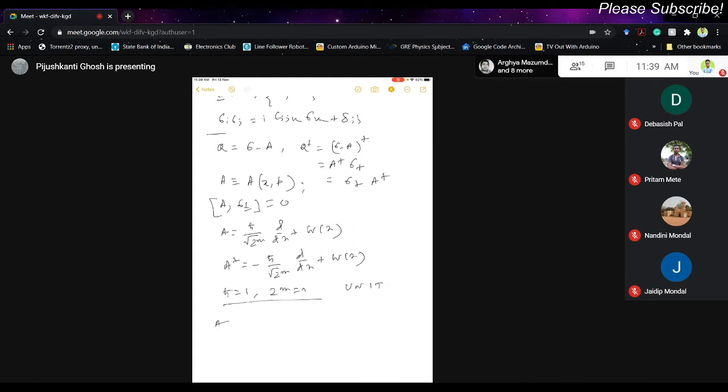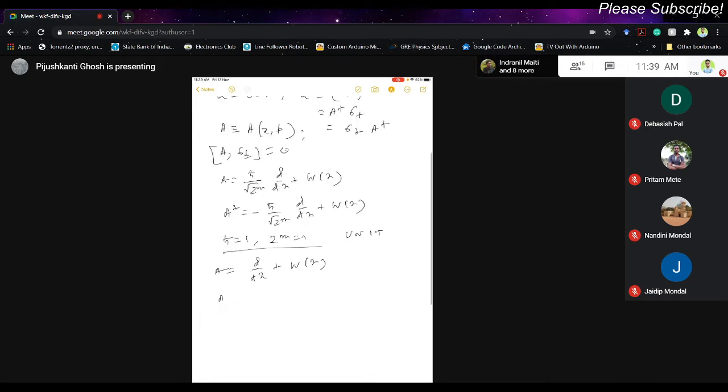If I need it, I can write the expression in terms of h bar also. With this notation, A becomes d/dx plus omega x, and A dagger becomes minus d/dx plus omega x. You can also write A in terms of the momentum, as p minus i omega x.